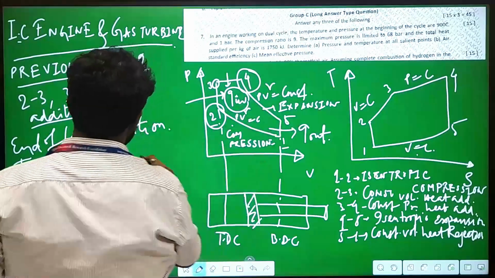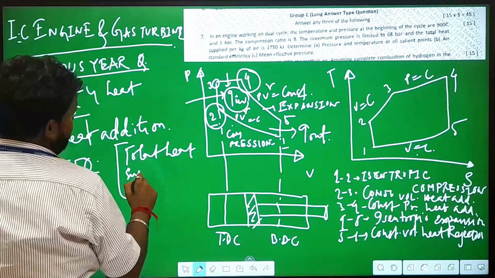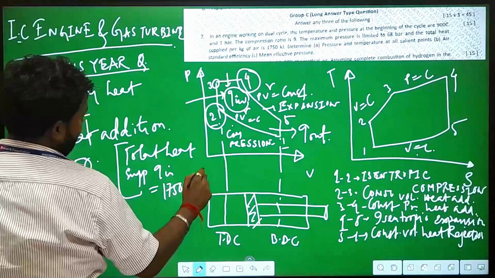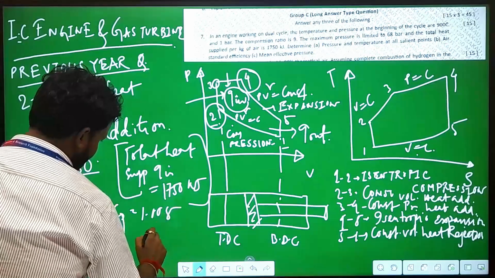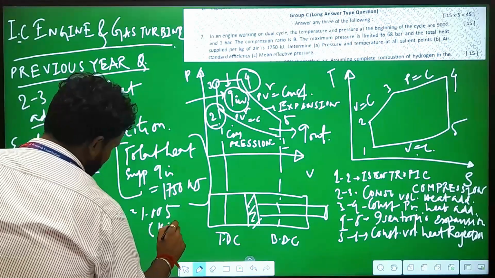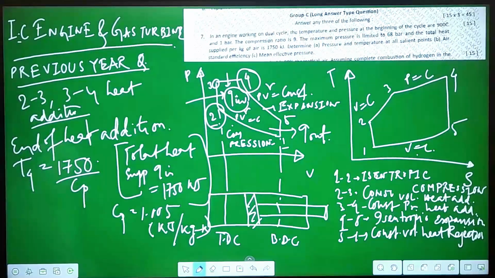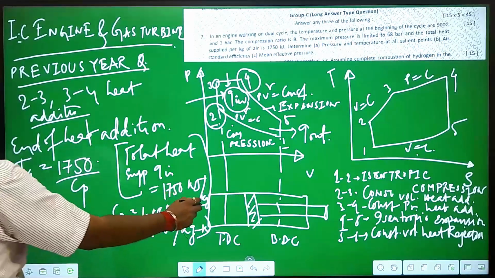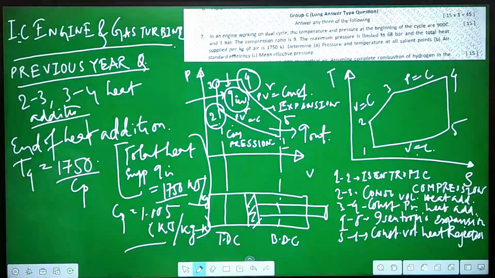You can see that the total heat supplied, Q in, is equal to 1750 kilojoule per kg of air, which is given, and the Cp of air is 1.005 kilojoule per kg.